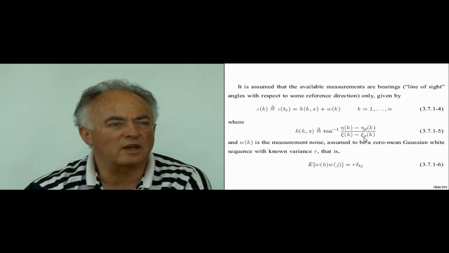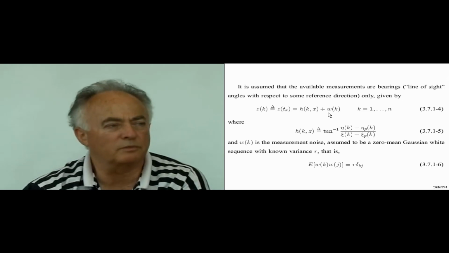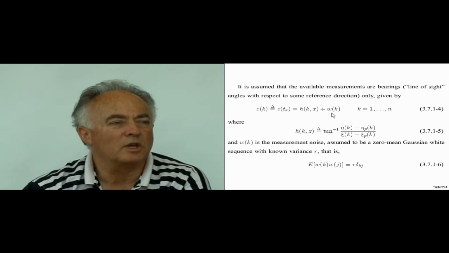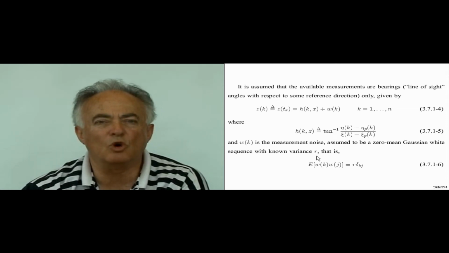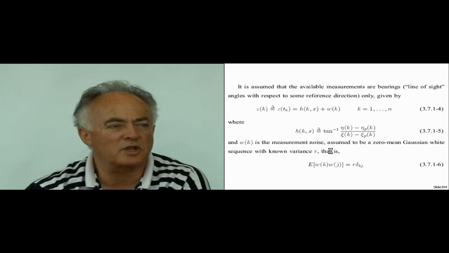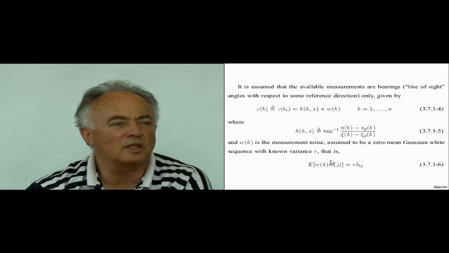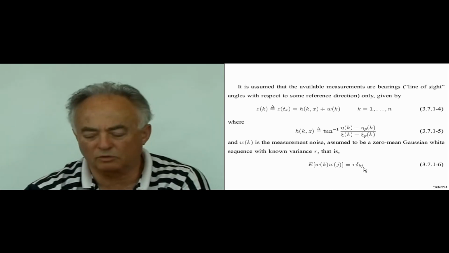So this is the angle observed without noise, but we measure it with noise. And we assume that the noises wk are zero-mean Gaussian white sequence with known variance r. Assume we know the instrument, the device with which we are measuring these angles. So the E of wk wj is a little r, that's the variance, times delta kj, and this is the Kronecker delta, equal to 1 if k and j are the same, equal to 0 otherwise.